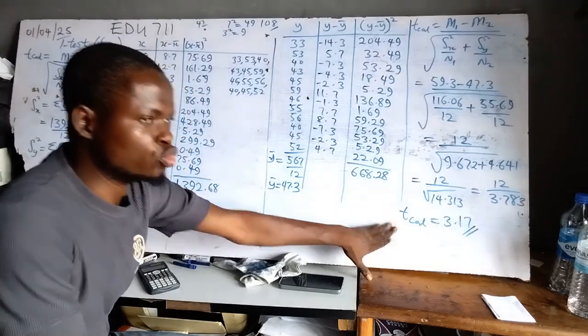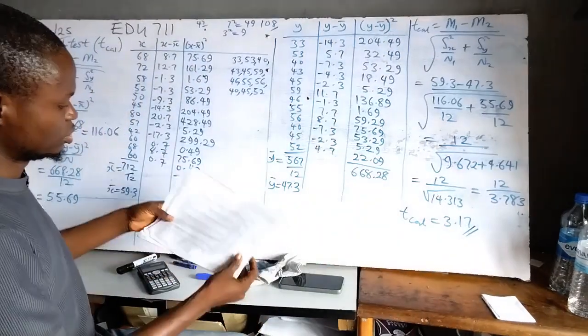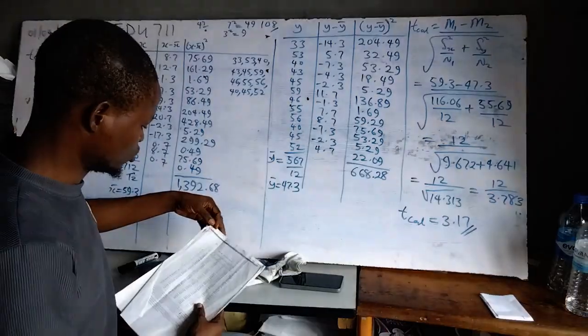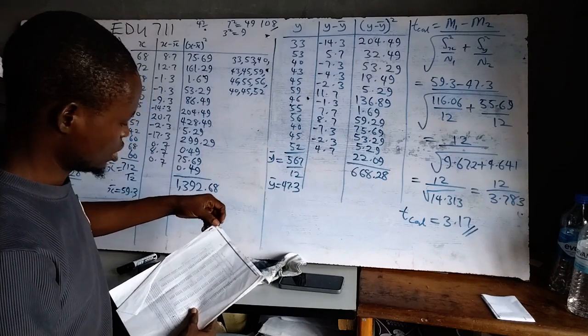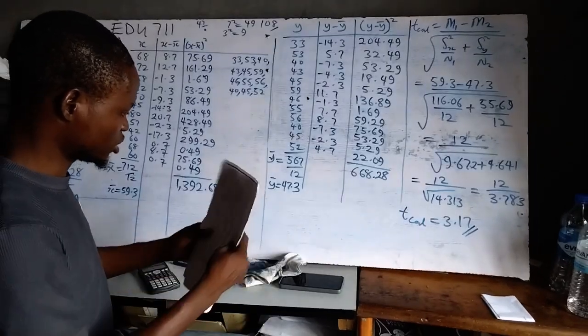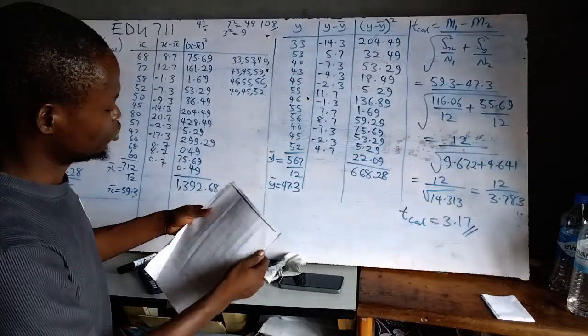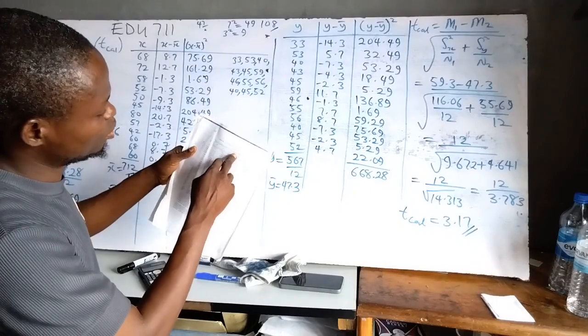So to now conclude, we need to check the critical table. So this is the critical table, and you are checking from the one shared with us by our amiable Professor Okoli. So we are using the first table for the t-test.